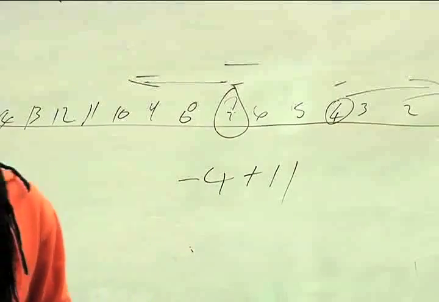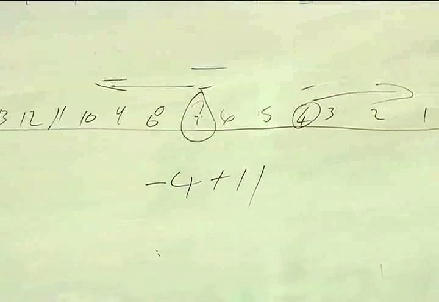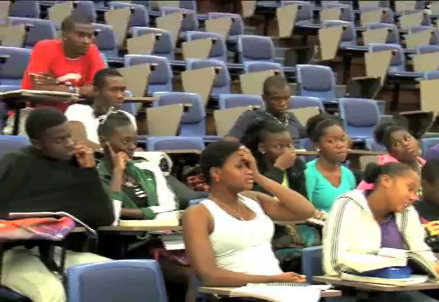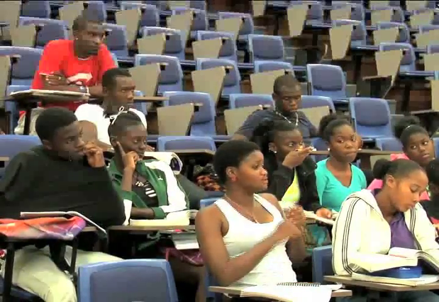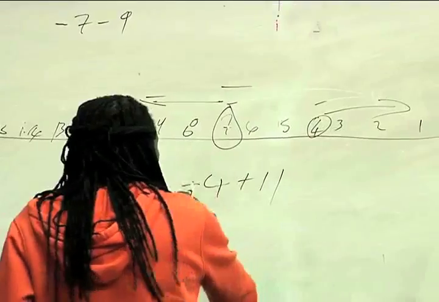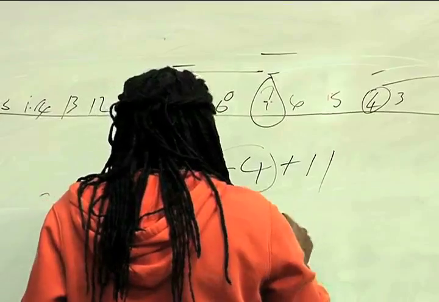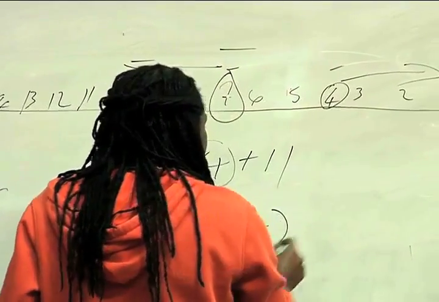So you have two numbers added together. You remember I told you about a law called the commutative law? What does the commutative law say? It doesn't matter the way in which you add and multiply, it doesn't affect the result. Therefore, minus 4 plus 11 is equal to 11 plus minus 4.